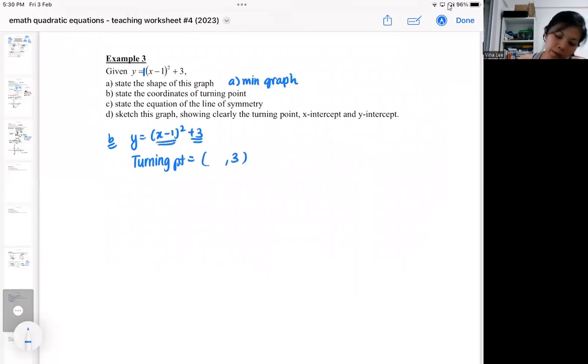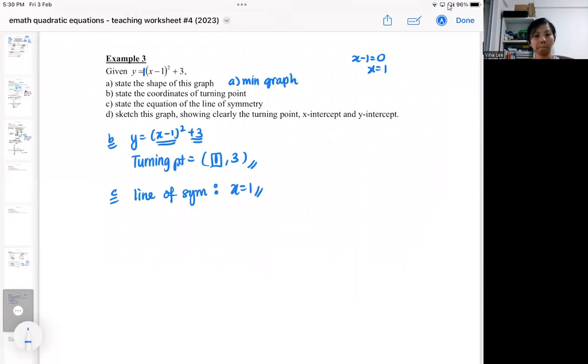Mentally, you let this be 0, and you will get the x coordinate. That will be the turning point. The line of symmetry corresponds to the x coordinate of the turning point, so it will be x equal to 1.